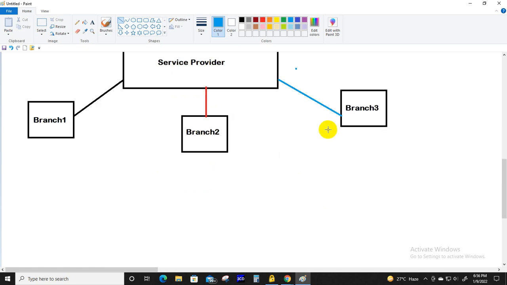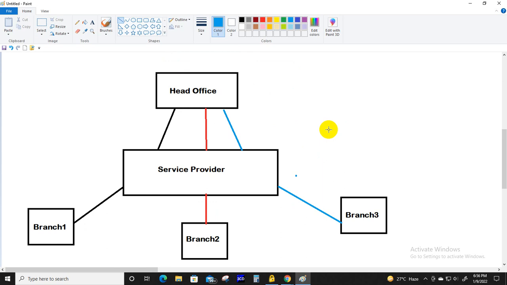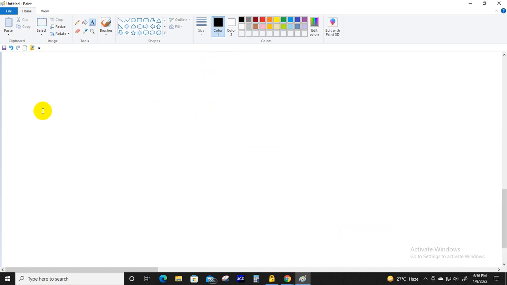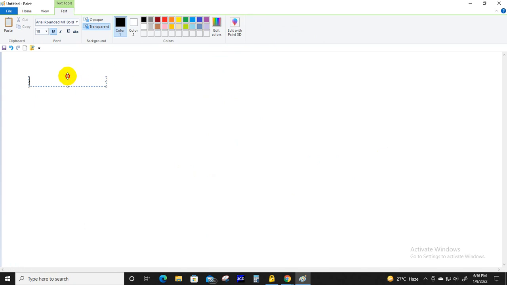In earlier days, serial cable was used for leased lines. These connections are serial connections.